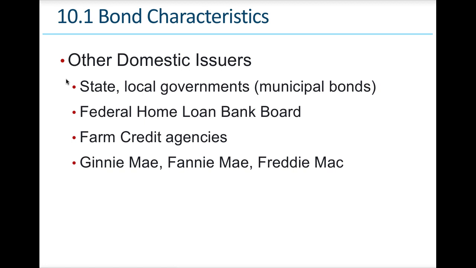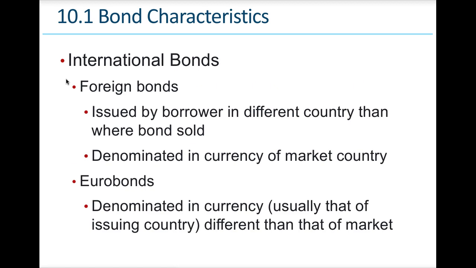And there are government-related bonds that could be specifically to help raise money for home mortgages and farm agencies. So in the U.S., we have the Ginnie Mae, Fannie Mae, and Freddie Mac institutions, which are government-related, that issue bonds that are discounted for the purpose of raising funds to fuel the mortgage market.